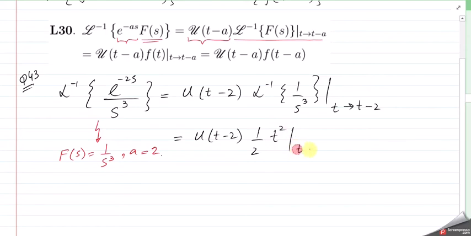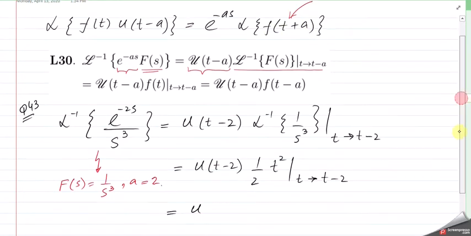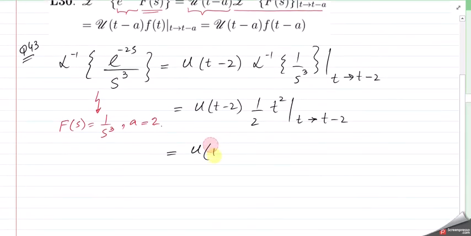But then we have to shift t to t minus 2, as the formula says. After having the Laplace inverse, we have to shift. Just like we were shifting to the plus side before, now we are shifting to the minus side. So it is t minus 2, whole squared, over 2. How do we shift?